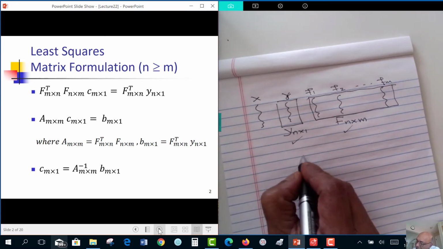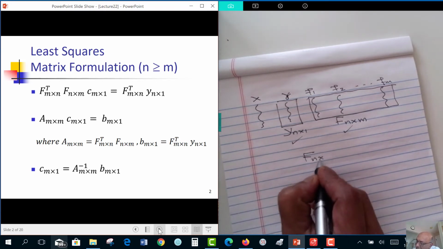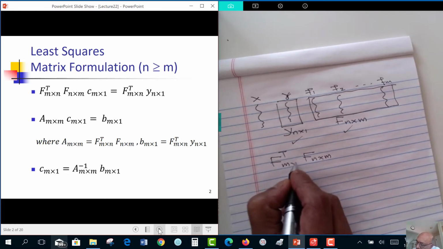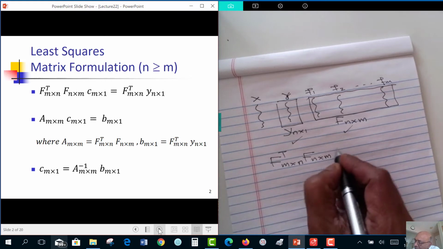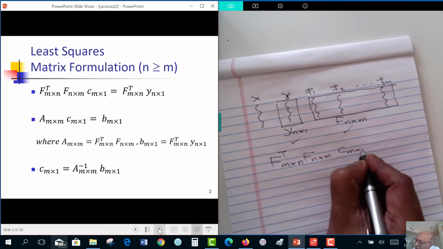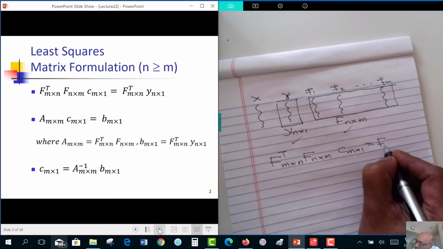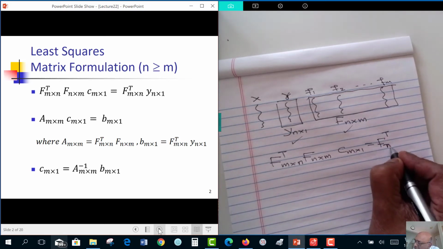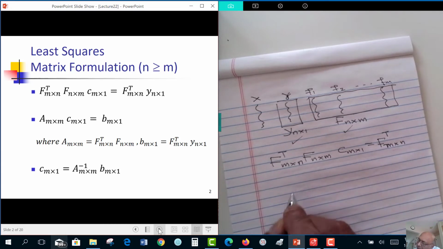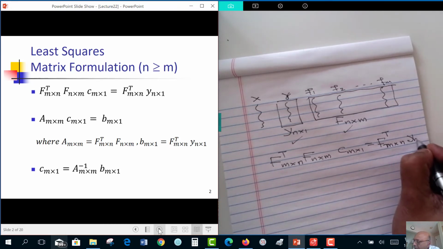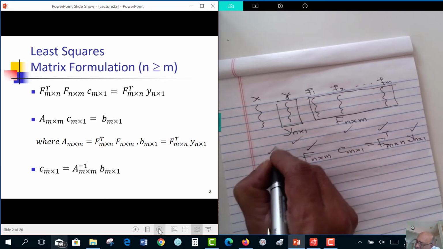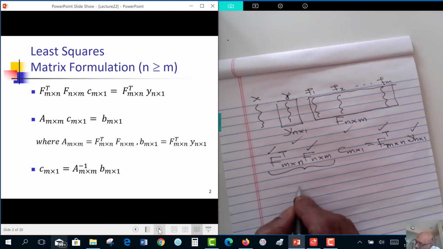So if we know f, we can take its transpose. So we know our transpose is going to be m by n. So we know y, we know f. Since we know f, we know f transpose. So we can multiply these two.